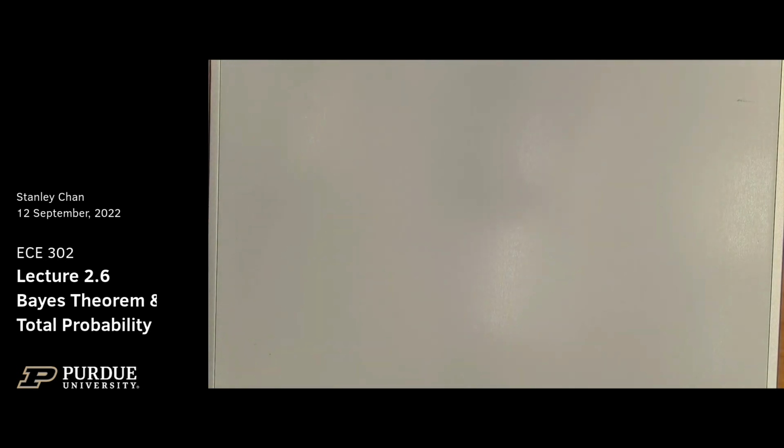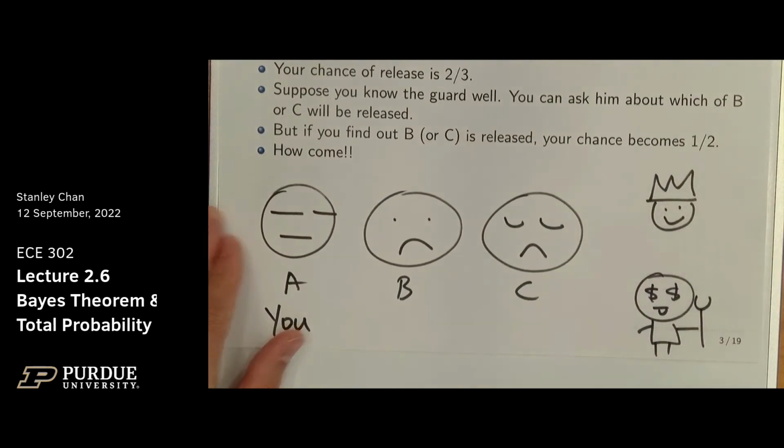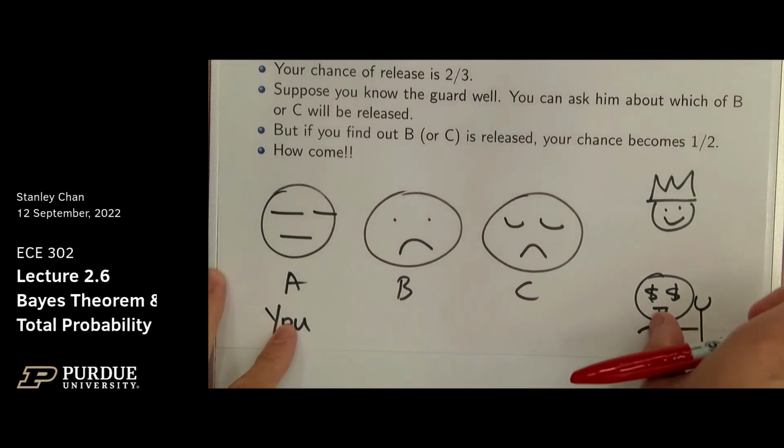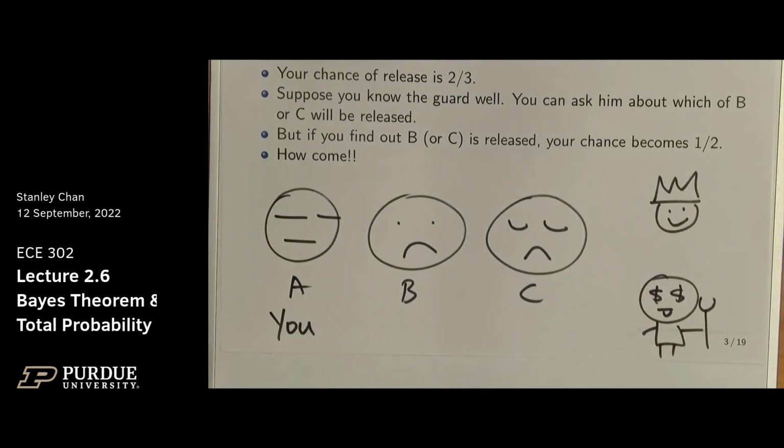So now for the remaining time, let's go back to our big problem, the very interesting three prisoners problem that I owe you. Okay, I still like this drawing very much. So let's recall the story. There are three prisoners, and the king, not me, decided to pardon two prisoners, and then have something fun with the third prisoner.